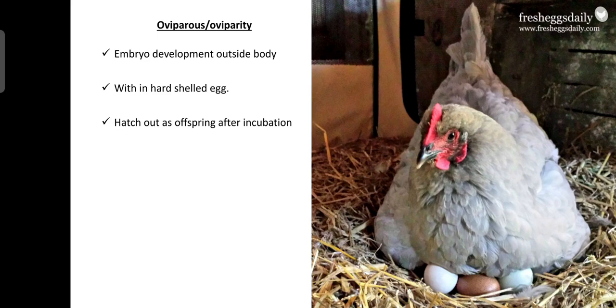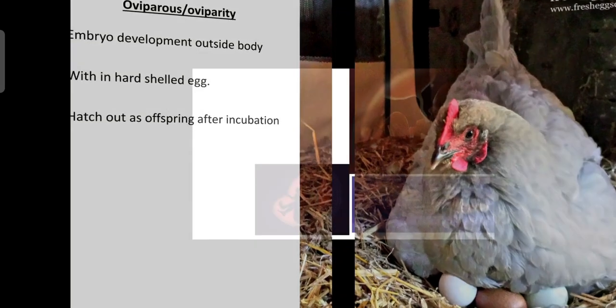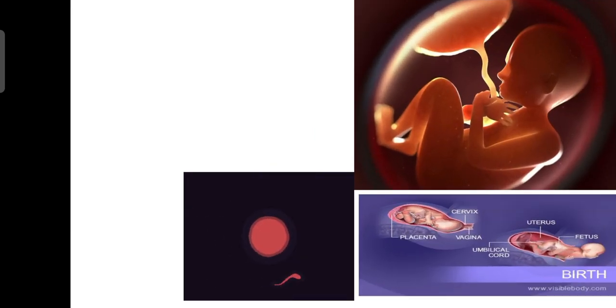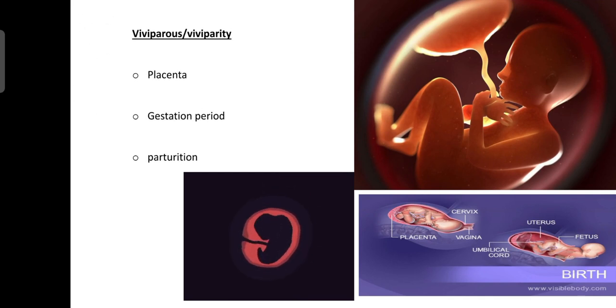Process after development: what happens after development? After the incubation period, the young ones hatch out from the eggs and develop into a new organism. Examples are insects, birds and reptiles. Second is viviparous or viviparity.